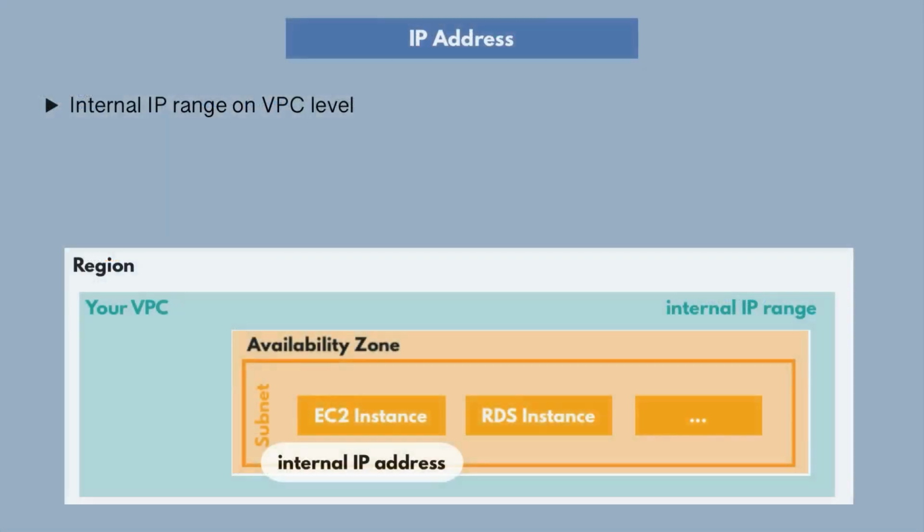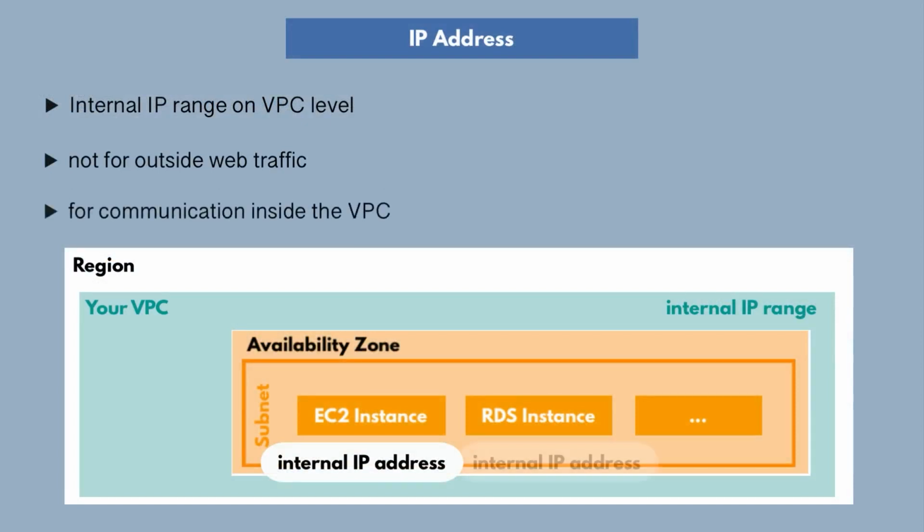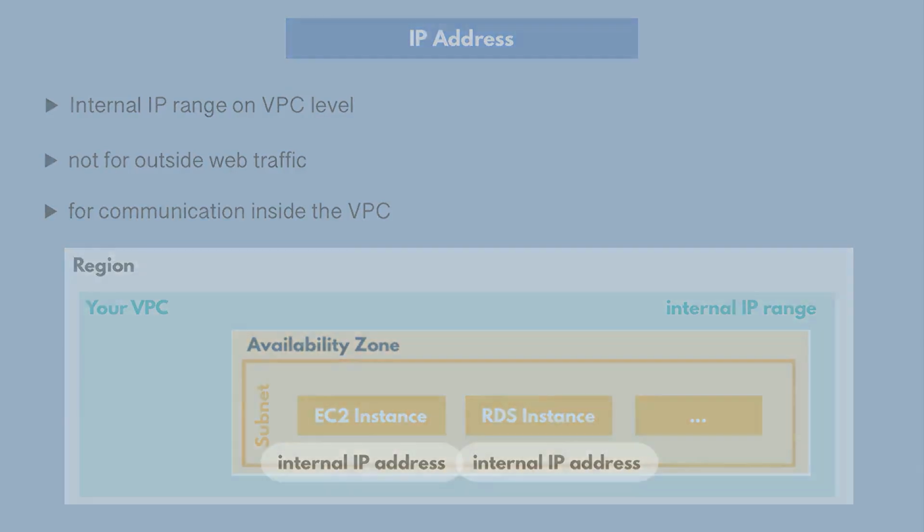So internal or private IP address is not for internet traffic, but rather for traffic inside the VPC. When you have multiple servers, multiple components inside the VPC, they need to communicate with each other, right? So you have an instance with web application, another instance with database application, maybe a third one with some other service. They all need to communicate. So private IP address is what allows them to talk to each other.